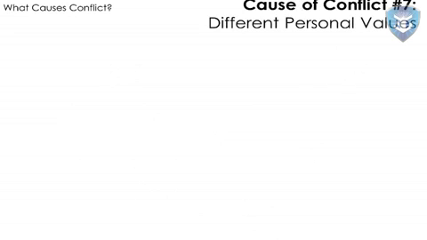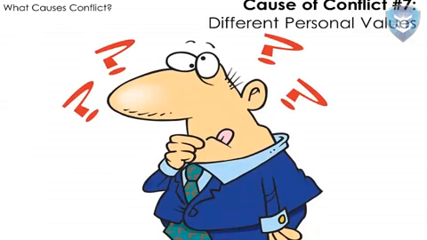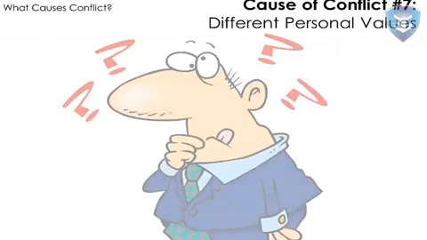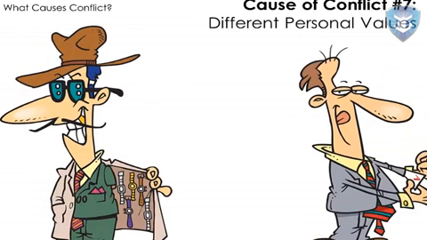Cause of conflict number 7, different personal values. Here's another tough situation that can create very difficult conflict. On occasion, a manager may ask an employee to do something that conflicts with the employee's ethical or moral values.